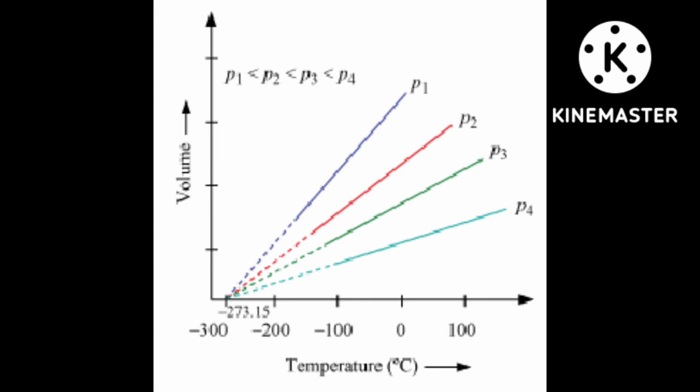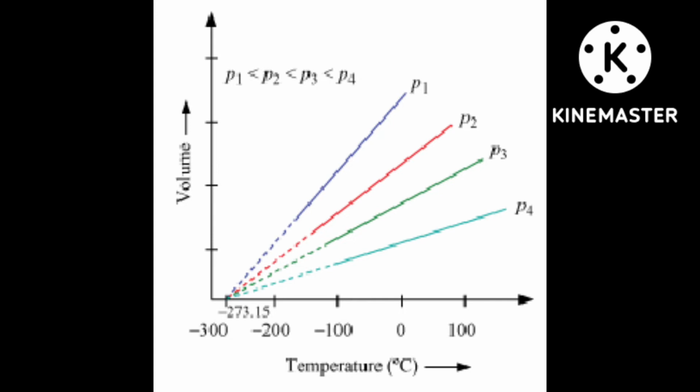Now this, V is directly proportional to T, is known as Charles' law. Charles' law states that, pressure remaining constant, the volume of a fixed amount of gas is directly proportional to the absolute temperature.